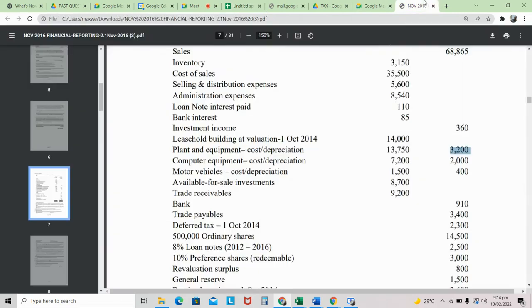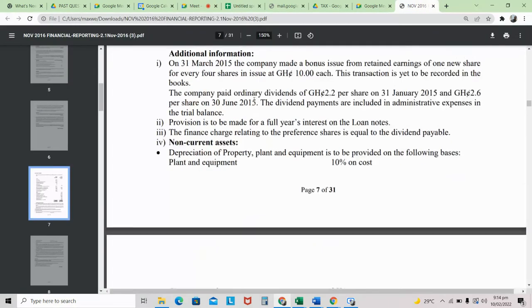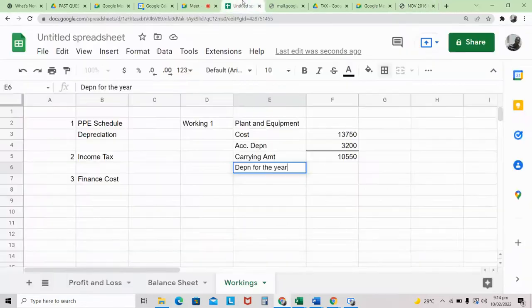We were told that the depreciation for the year is 10% on cost. So we have to find 10% of this figure.